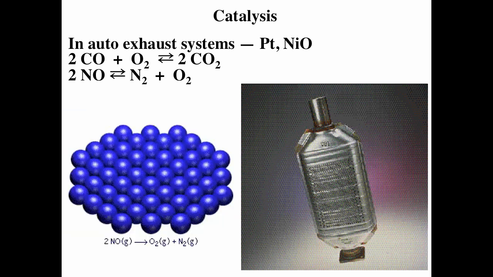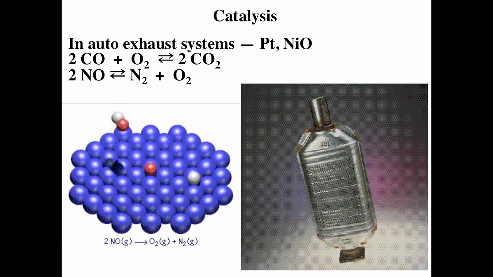And so the way this actually works is that you're going to have a metal dispersed on a ceramic inside the catalytic converter, and on these metal particles, that's where the reaction is going to proceed. And so basically the metal particles is just going to stabilize the transition state. In a platinum-based catalytic converter, nitrogen monoxide molecules in the exhaust stick to the surface of the platinum. The molecule decomposes, each atom remaining on the surface.